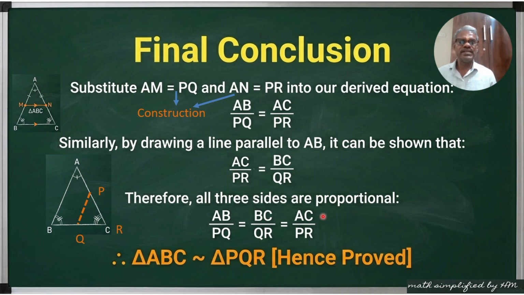Therefore, all three sides are proportional. That is, AB upon PQ is equal to BC upon QR is equal to AC upon PR. Because the angles are congruent and the sides are proportional, triangle ABC is similar to triangle PQR. Hence, we have proved our theorem.